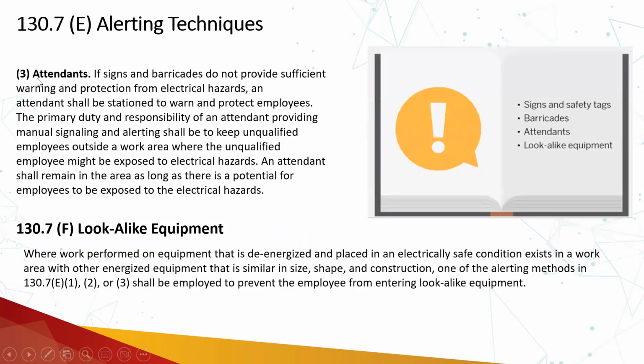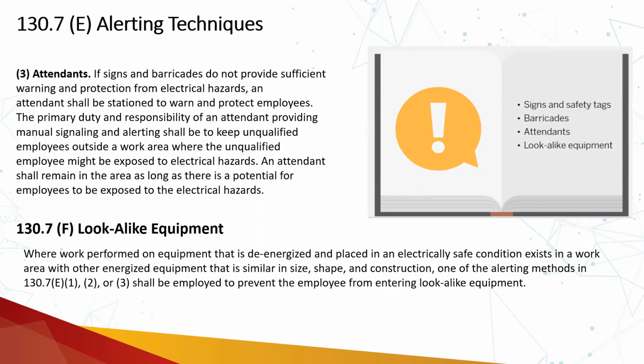Or we can place attendants there if there is an area where there is a high flux of people. So we can put attendants in order to limit the movement, or to make them aware that some task is being carried out there.